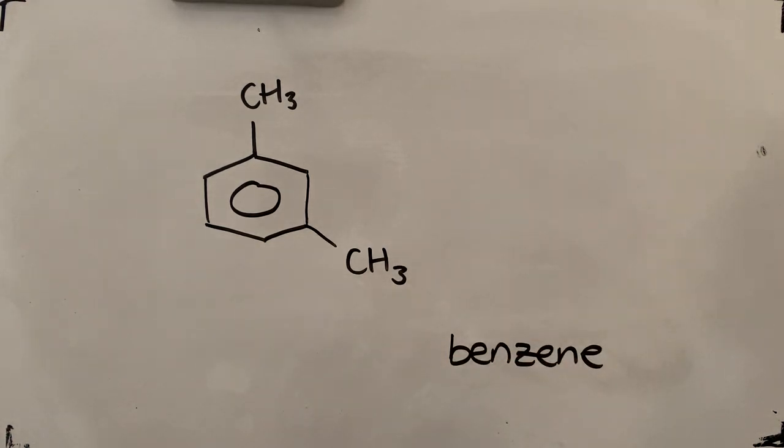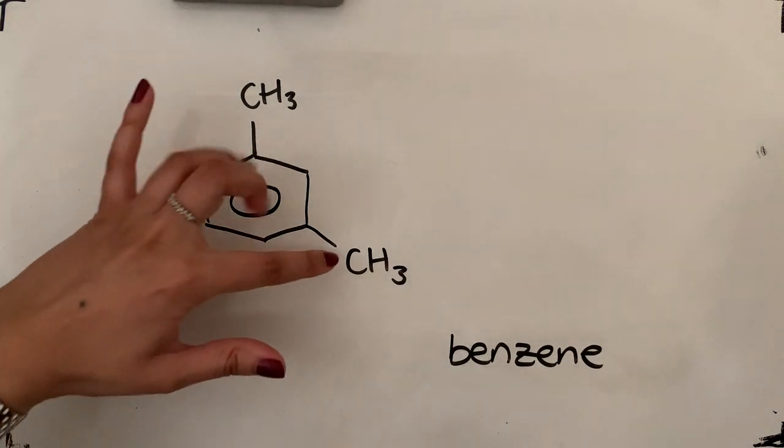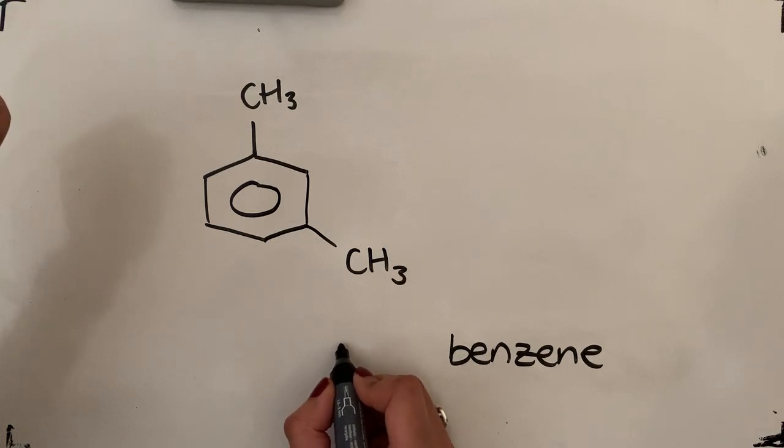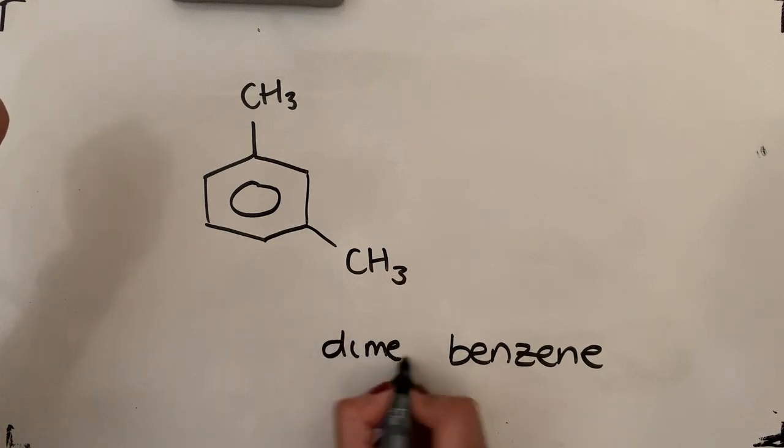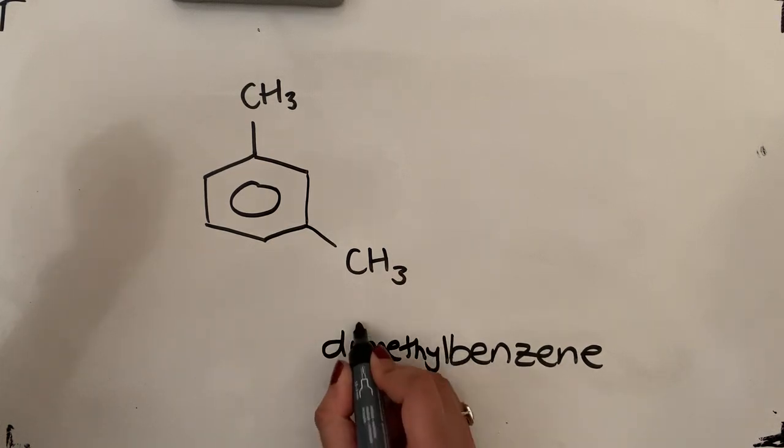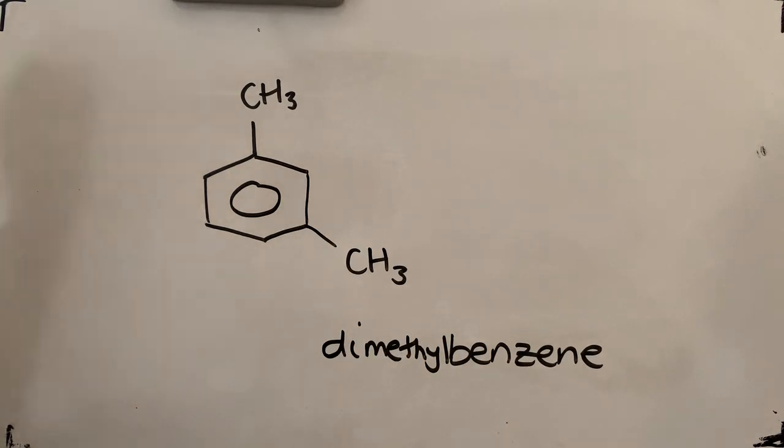We now have 2 methyl groups, so we call it dimethyl. So we've got dimethyl benzene, but those methyl groups at the moment could be on any carbon. So we now need to specify which carbon they are found on. The aim is to have the methyl groups on the smallest number carbons.